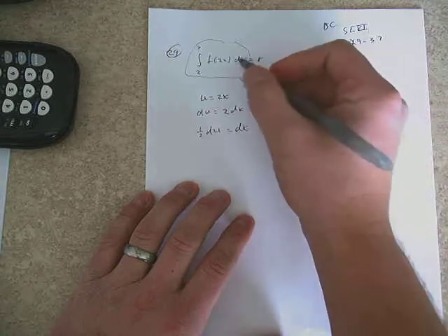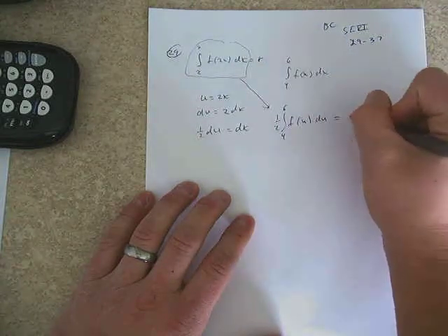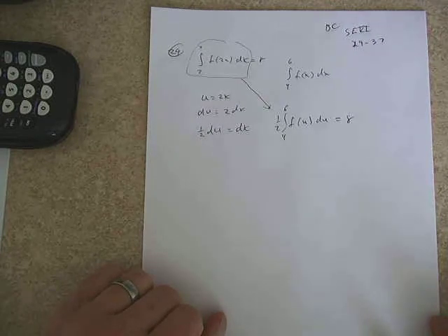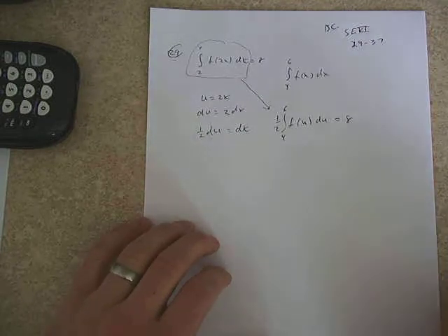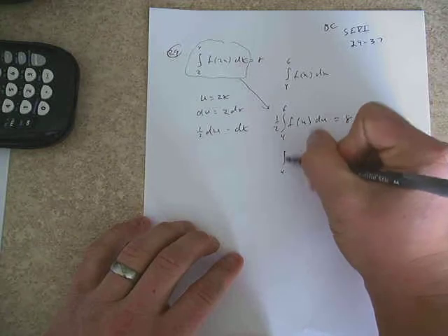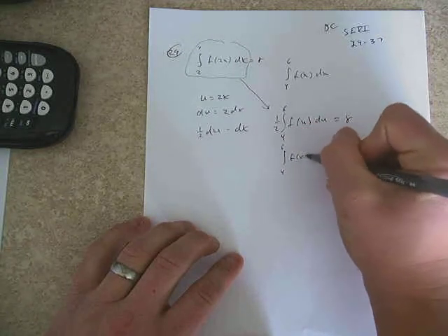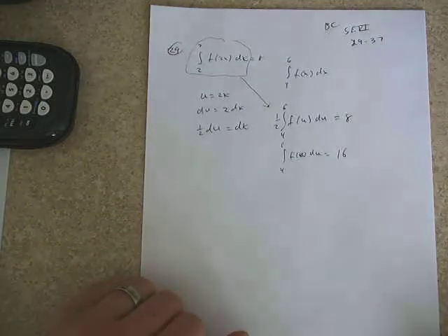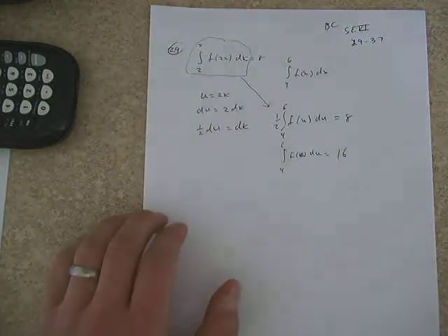Now, ultimately, like I said, if these two equal each other, then wouldn't this also equal 8? Wouldn't that be true as well? And if that equals 8, then wouldn't this equal 16?